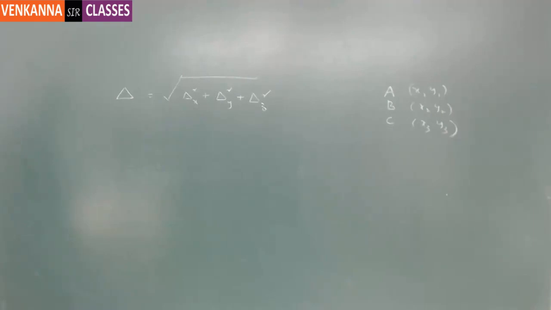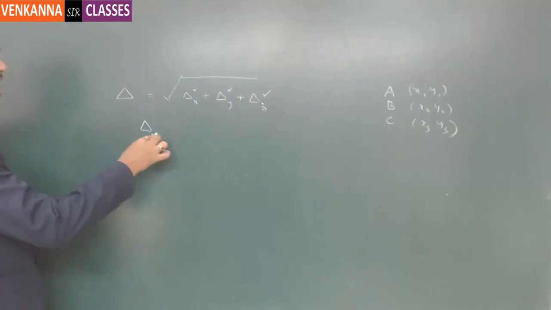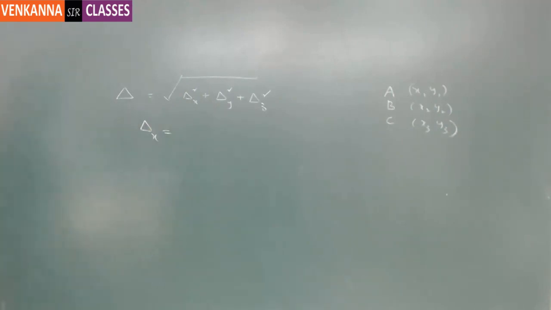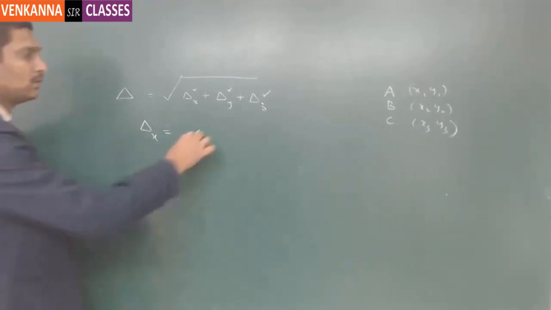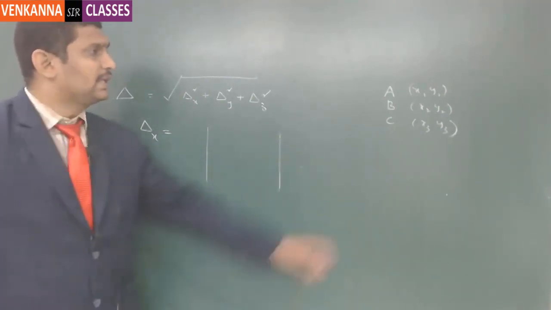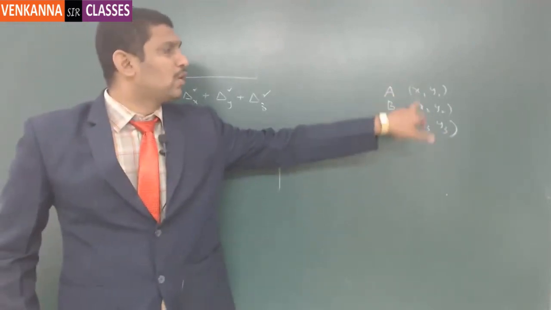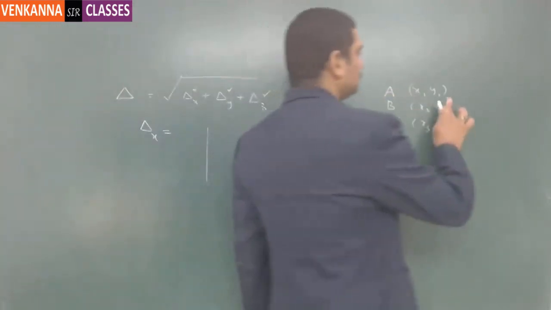Now, the formula for them is, if you want to calculate delta x, since you are calculating with respect to x, in these ones you remove the x coordinates.